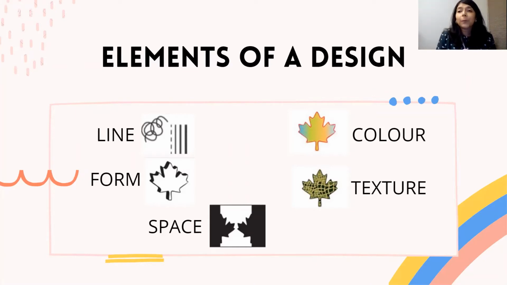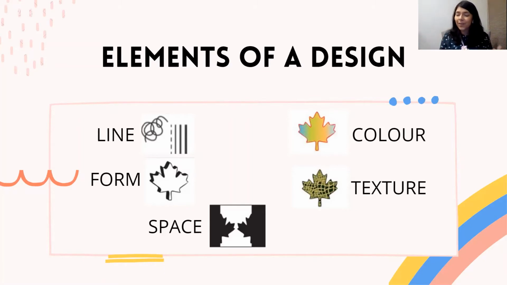So we come to two most important elements, which are very steeped in symbolism: color and texture. Now, what do you mean by color? Yes, color is color. You are thinking correct.